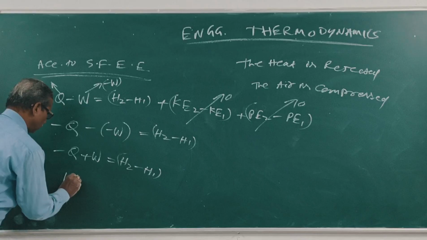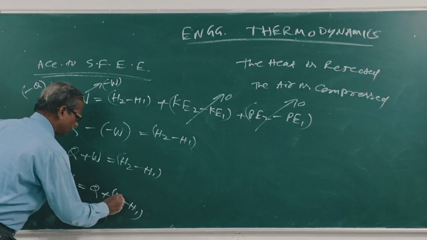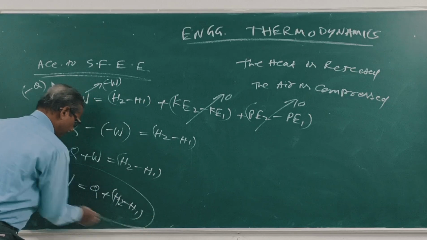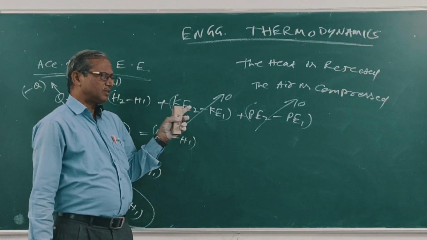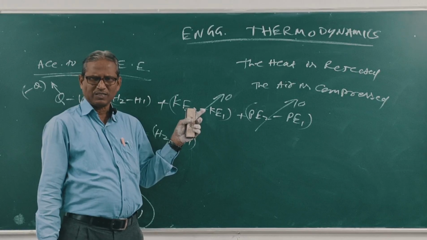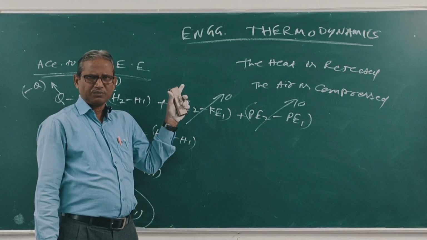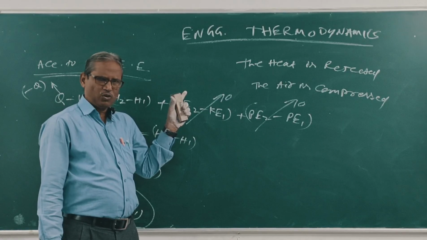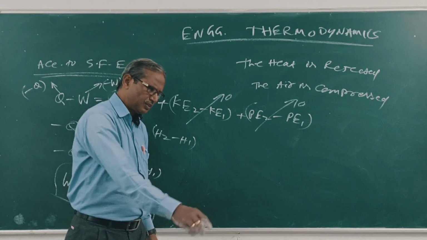So W is equal to Q plus H2 minus H1. Right? This is all about different thermodynamic devices using the steady flow energy equation. Now I will do some problems relating to this theory. Clear?